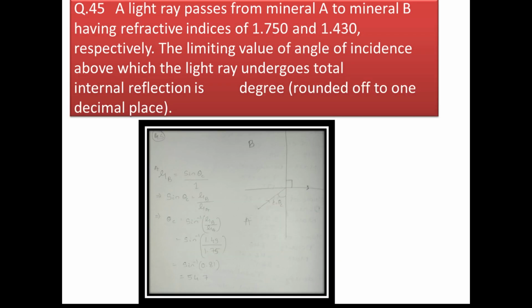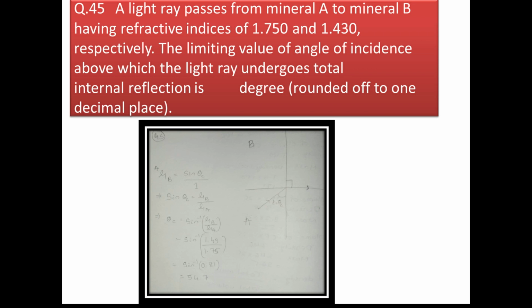Okay. Next question. A light ray passes from mineral A to mineral B having refractive index of 1.75 and 1.43 respectively. The limiting value of angle of incidence above which the light ray undergoes total internal reflection is dash degree. Now see in this figure, we have two mediums, medium A and medium B, and light passes from medium A to medium B. So the refractive index formula is sin i by sin r, that is sin of incidence divided by sin of refraction.